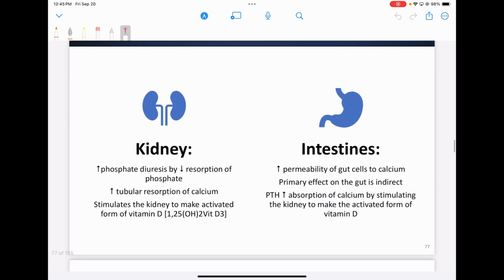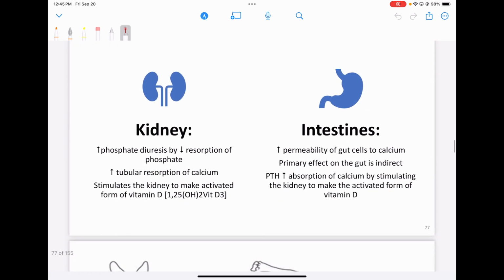Again, PTH, what are the effects in the kidneys? Remember, it's going to increase phosphate diuresis. Why is that important? Why is the kidney going to get rid of phosphate? We don't need it in the blood system, but remember, when we break down the bone, it's not just calcium, phosphate comes out too.